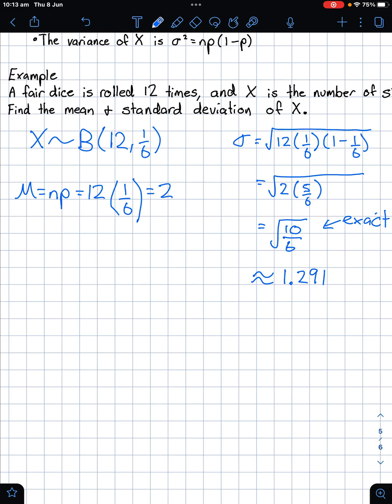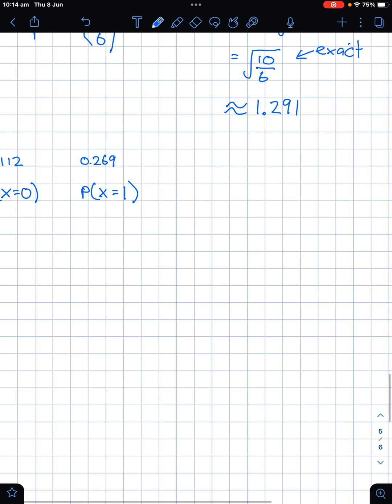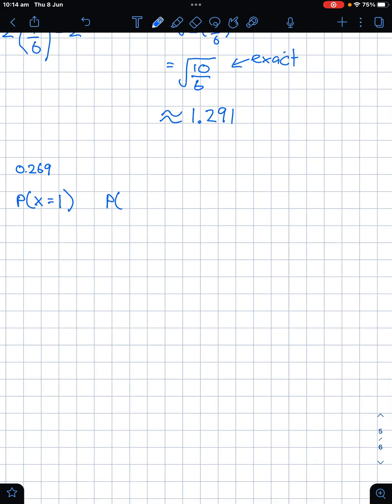The probability that x equals 0, which means no sixes, is 0.112. Then x equals 1 gives 0.269, and x equals 2 gives 0.296. So these are the probabilities.